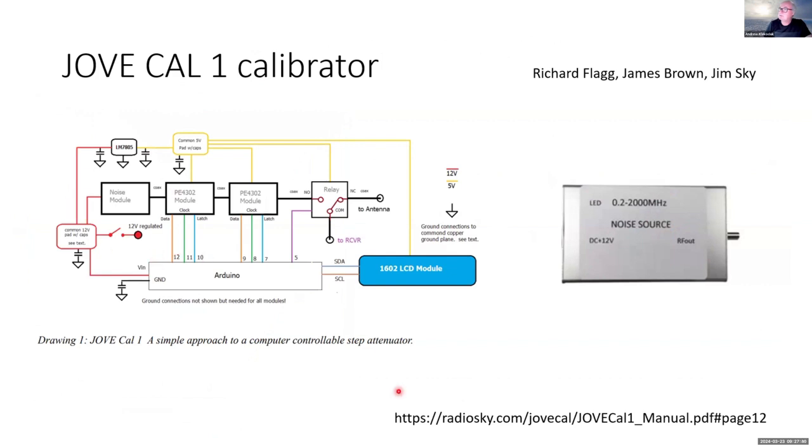This is a nice automated calibrator with a little microcomputer controlling it, a noise source in here, and some switchable attenuators. I've got my noise source and a few other bits and pieces, and hopefully in the next month or so I'll crack on and actually build one of these. There's a nice manual that describes things, and it looks pretty straightforward.